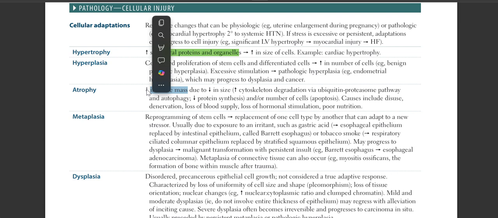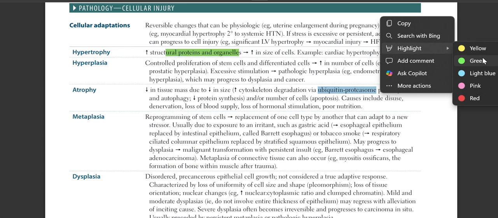Cytoskeleton. So the cytoskeleton is the membrane. We do want to remove that membrane to make it a little smaller. But the actual mechanism is this one: the ubiquitin proteasome pathway.